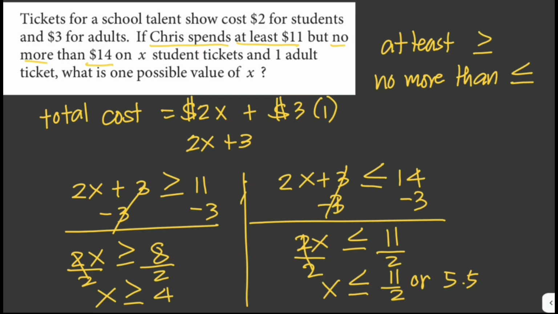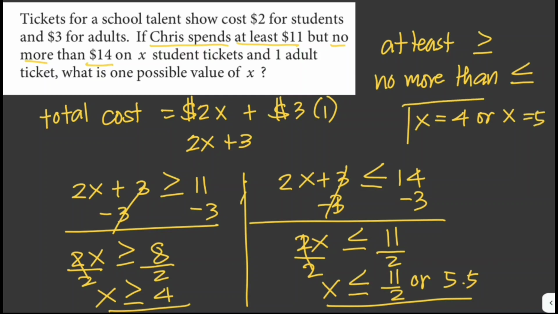So the value of x here must be an integer that is both greater than or equal to 4 and less than or equal to 5.5. Therefore, x is equal to 4 or x is equal to 5. So either 4 or 5 may be the correct answer here. So you can answer x equals 4 or x equals 5.